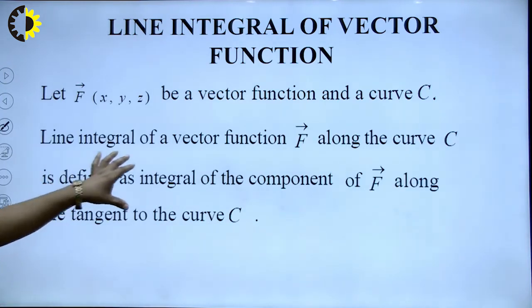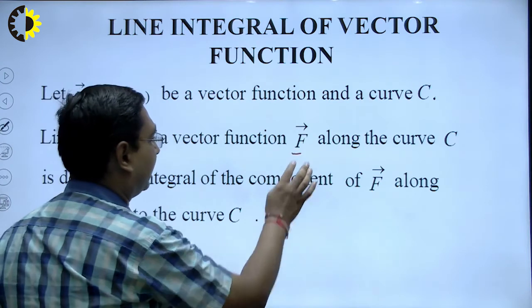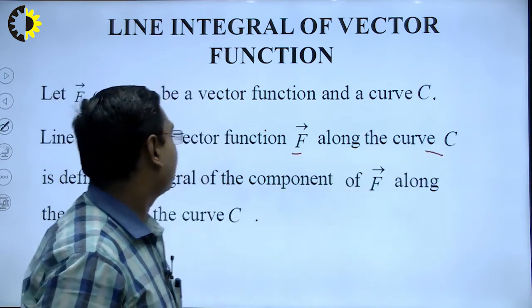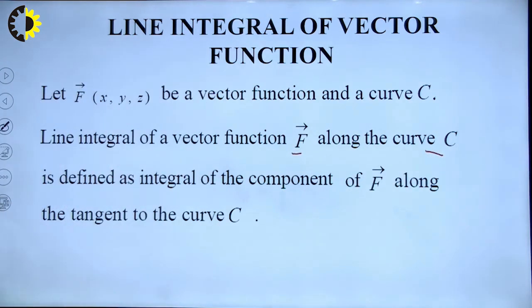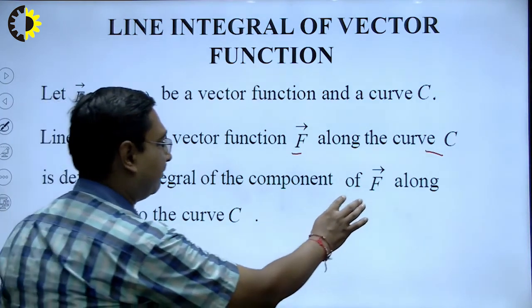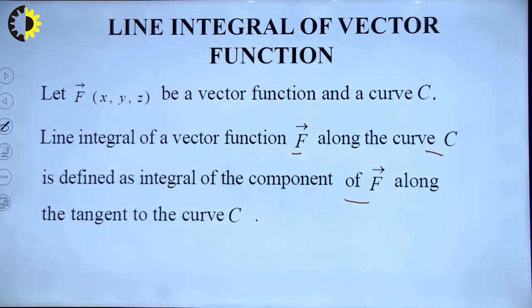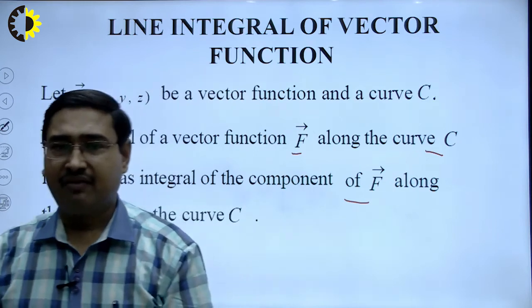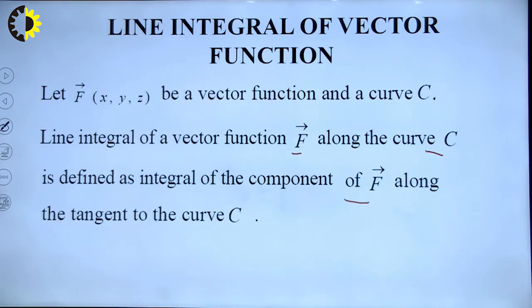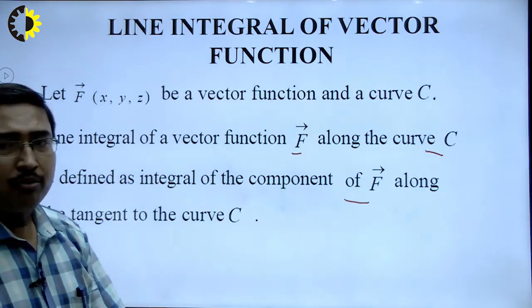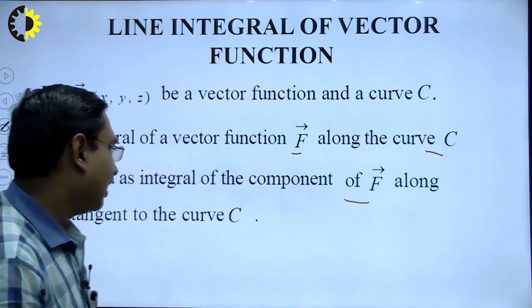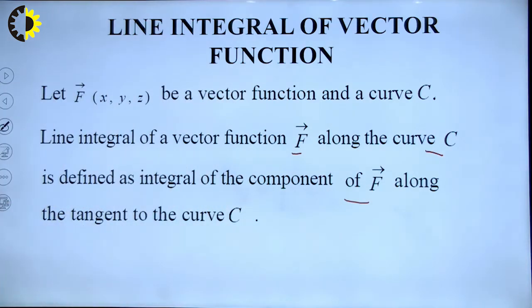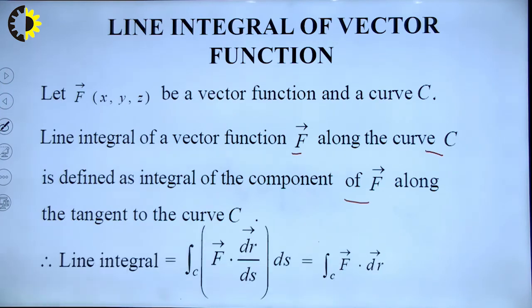Then the line integral of the vector function f along the curve C is defined as the integral of the component of f along the tangent to the curve C. Means, if we want to define the line integral of a vector function along the curve C, we will find the component of the vector function along the tangent to the curve C, and its scalar line integral will be the vector line integral for the given function.